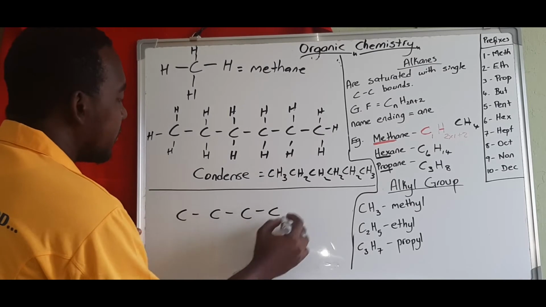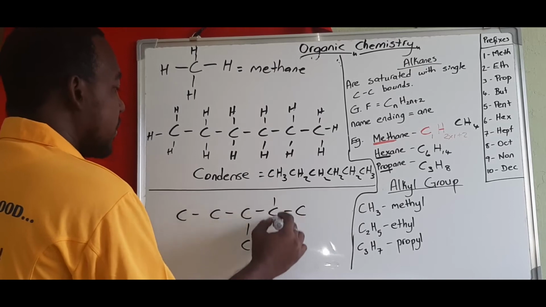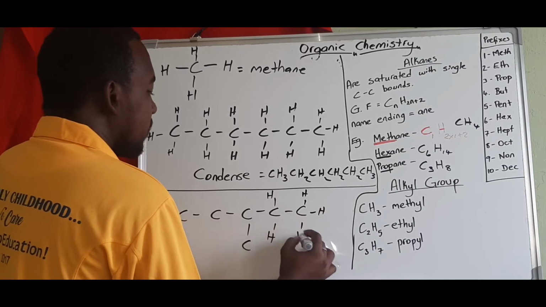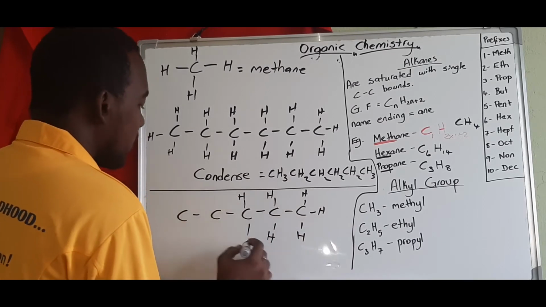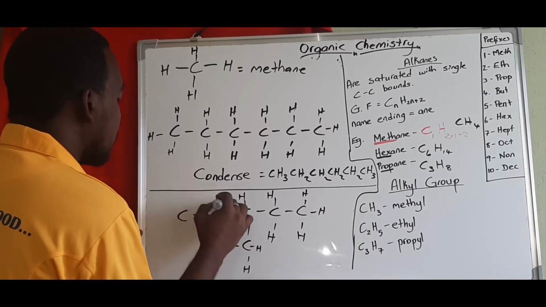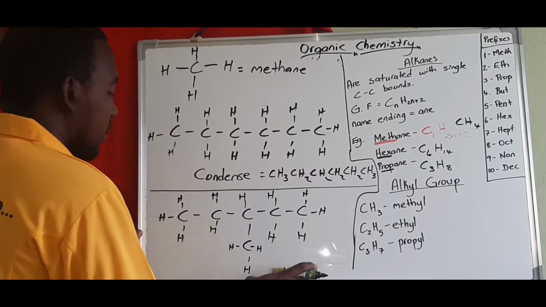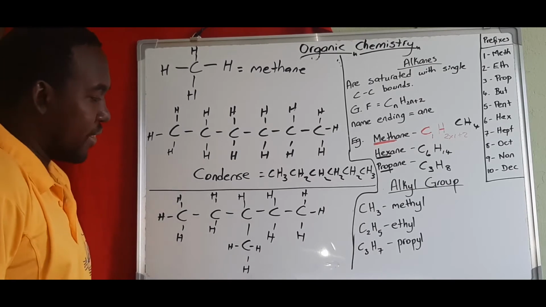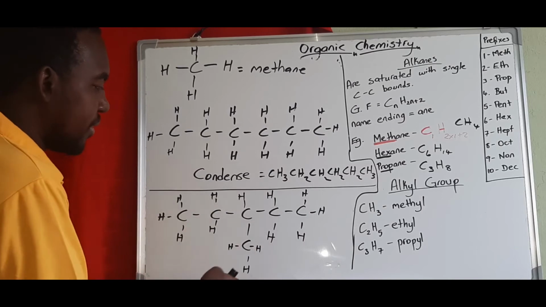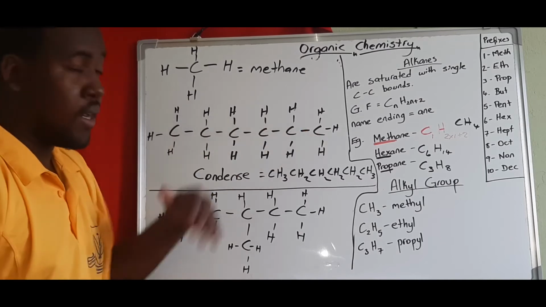So let's say we have this, and we're going to fill out with our hydrogen. We notice at this point we have something that's going straight, a long chain, but we have something that's not just going on a long chain there.